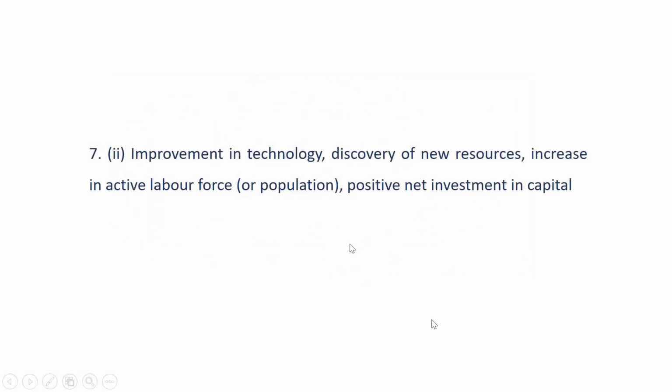Again, when we are able to increase active labor force, or in general terms, increase in population can result in outward shift of the PPF. Also, positive net investment in capital can result in outward shift of the PPF.